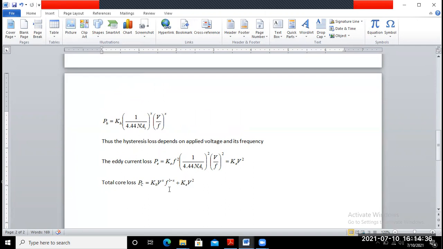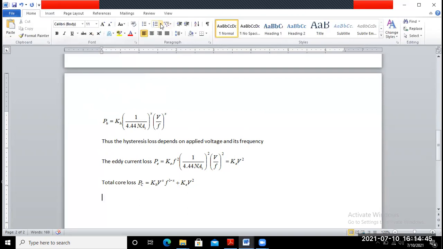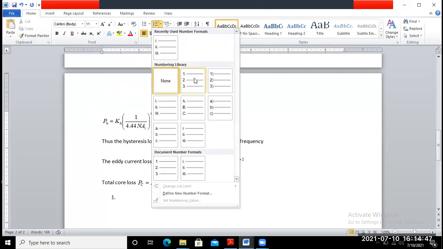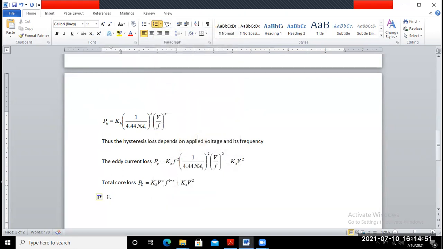Some other losses take place in the transformer, that means ohmic losses. So part 2 is the ohmic losses. Ohmic losses take place in the primary and secondary winding of the transformer.